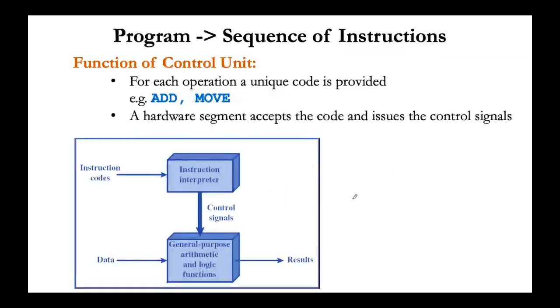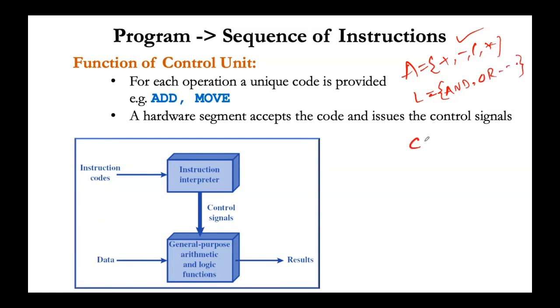So what is there inside then? The program is a sequence of instructions. Those instructions may be arithmetic instructions, like plus, minus, division, multiplication, or logical instructions, like and, or, and so on.